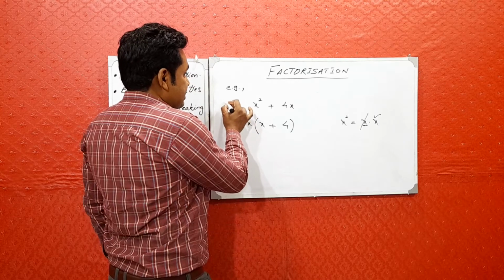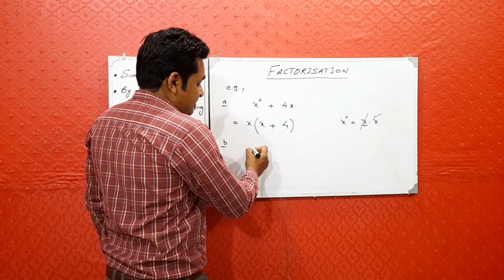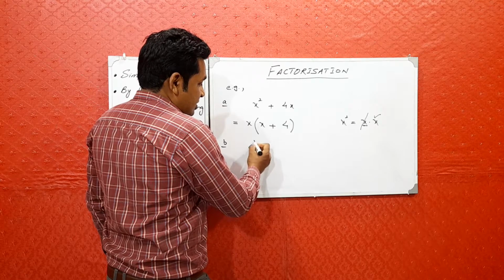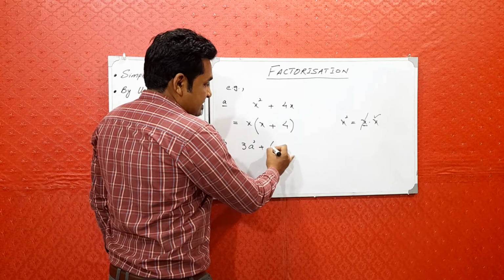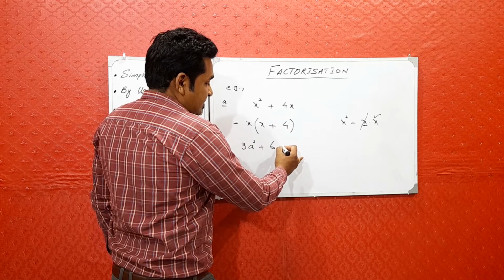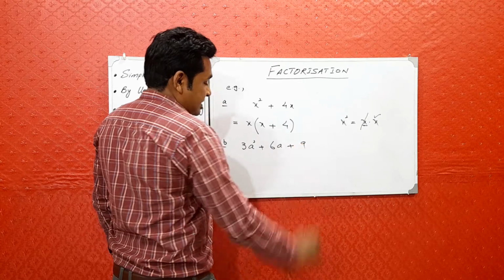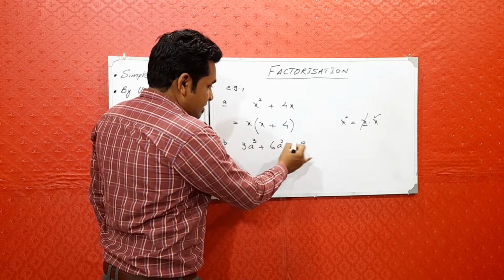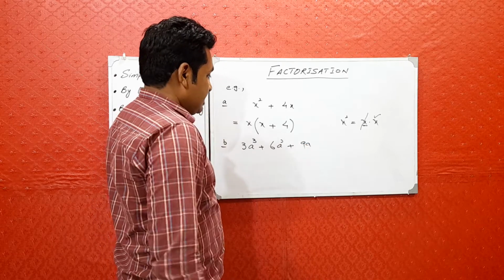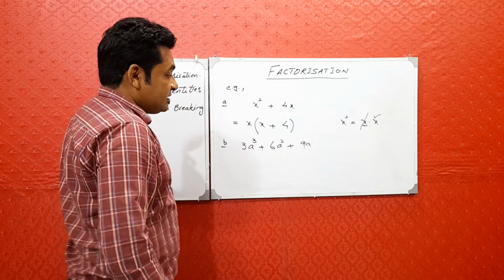Let's take another example. For example, if we have 3a cubed plus 6a squared plus 9a. Now this expression consists of three terms.